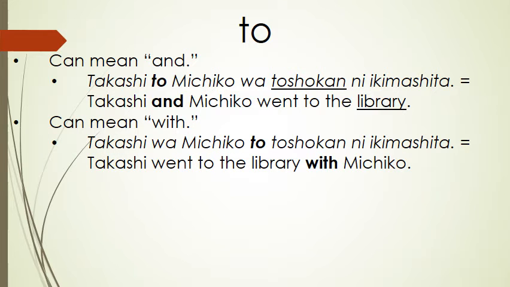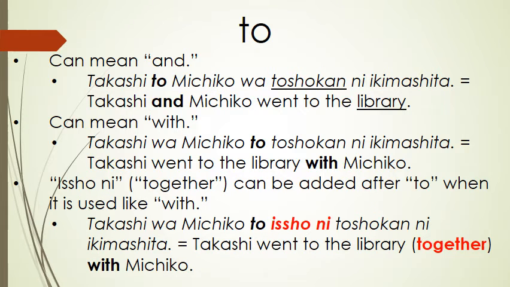To can also be used to mean with. So for example, if I said, Takashi wa Michiko to toshokan ni ikimashita, that would mean Takashi went to the library with Michiko. Notice that in this case, to comes after both nouns instead of between them. One more thing about this particle.